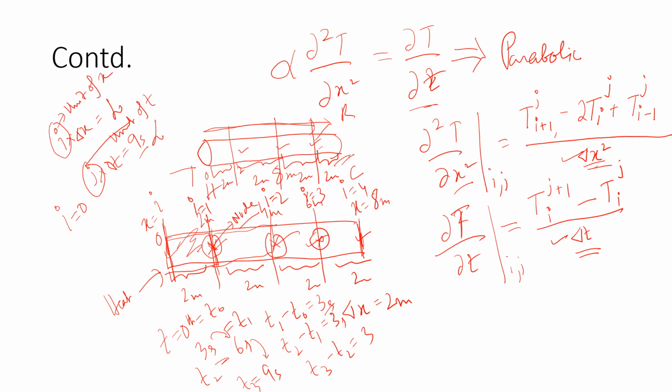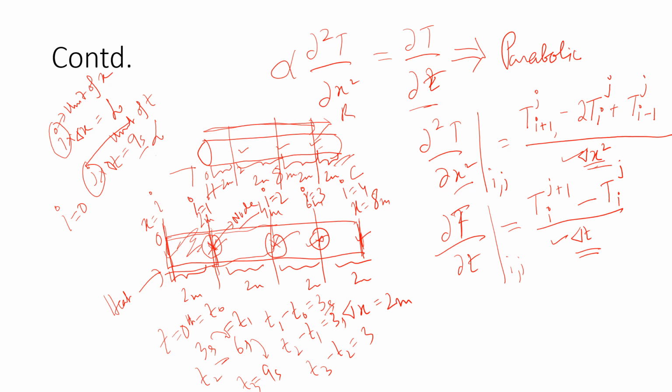And your i is actually equal to the number of nodes you have generated by segmenting the rod into 4 different equal parts.